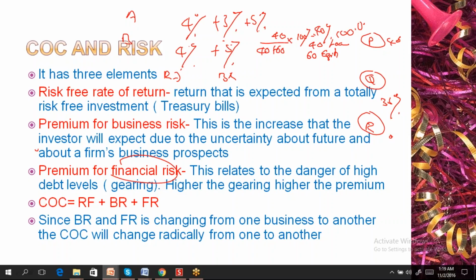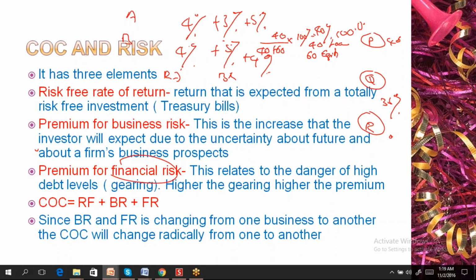In company Q, less risky in the financial risk, you might expect, shall we say, 4%. The gearing is less in company Q, so you will expect a lower financial risk.